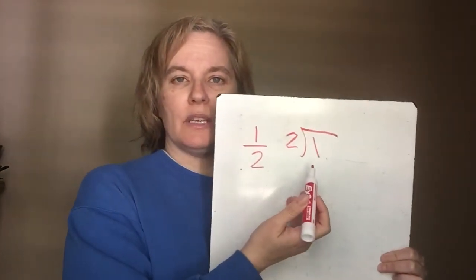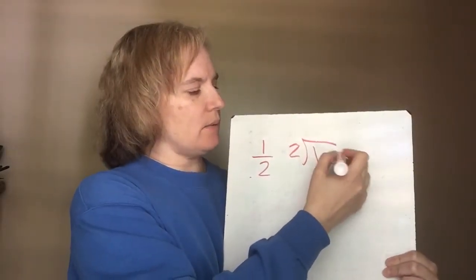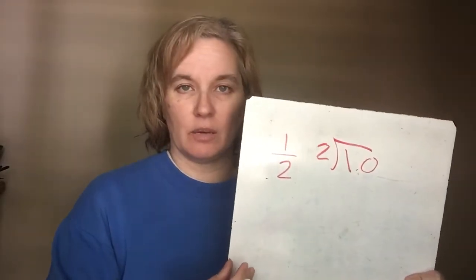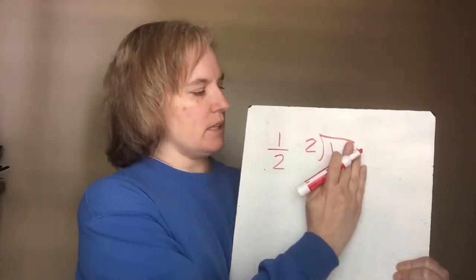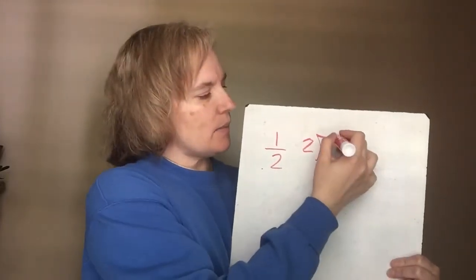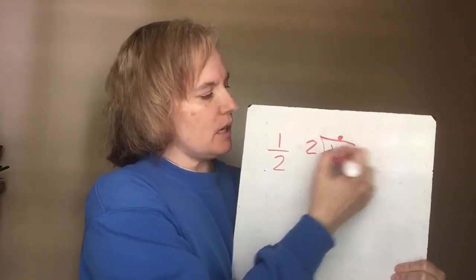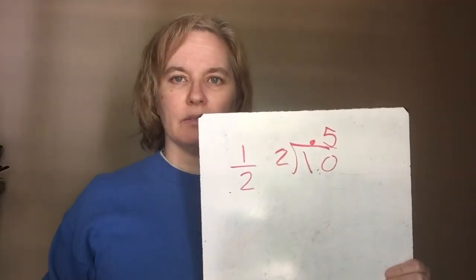We know that the number 1 is the same as 1 with however many zeros it needs to get its job done. To be able to divide, it's going to need more than just 1, because 2 can't go into 1, but 2 can go into 10. So make sure to bring that decimal point up. 0.5.